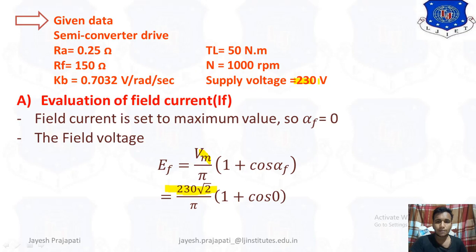From this RMS voltage we multiply with root 2, and alpha f is 0, so we write cos 0, and here that is pi. We know that cos 0 is 1, so the solution for this equation is EF equal to 207 volt. Okay, that is the field voltage.